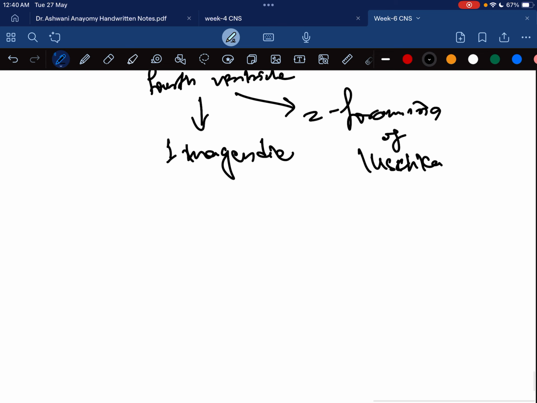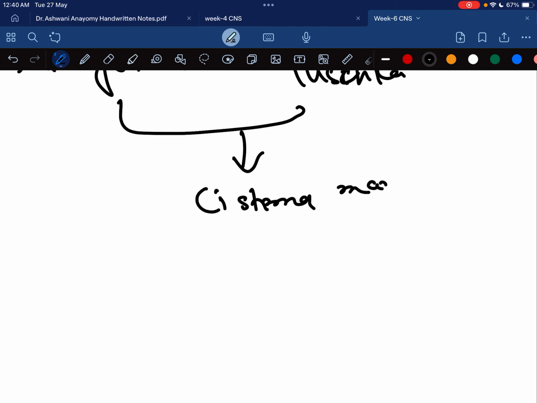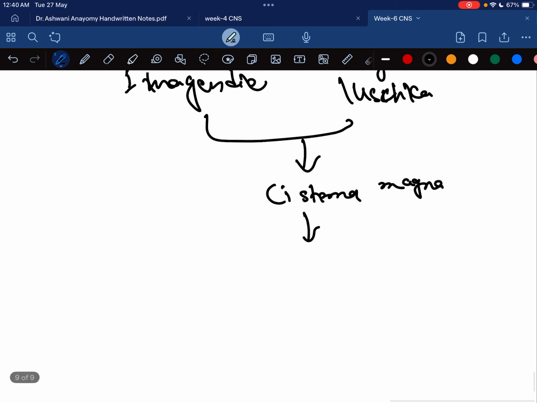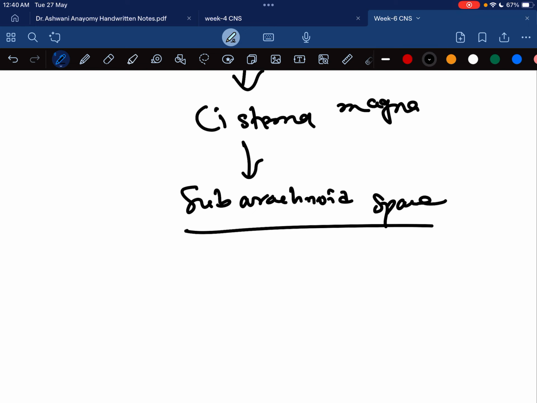It comes into the cisterna magna, and then it passes into the subarachnoid space around the brain and spinal cord.